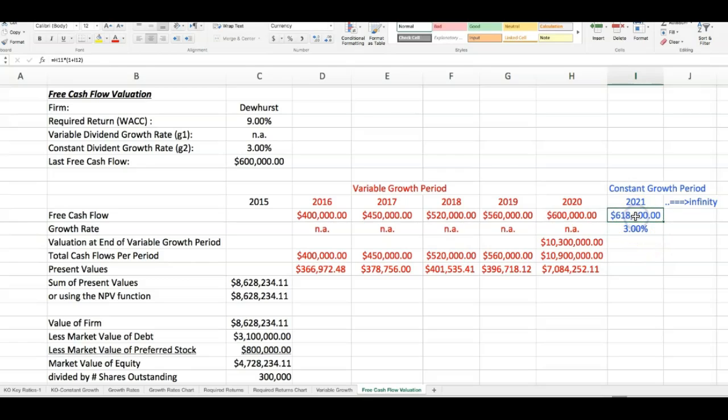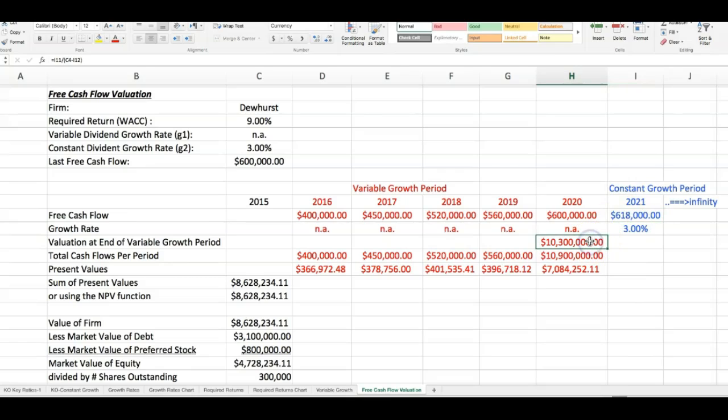So we're able to calculate a free cash flow estimate for 2021 as simply our estimate for the year 2020, a free cash flow of $600,000, multiplied by 1.03, or increased by 3%, to $618,000.